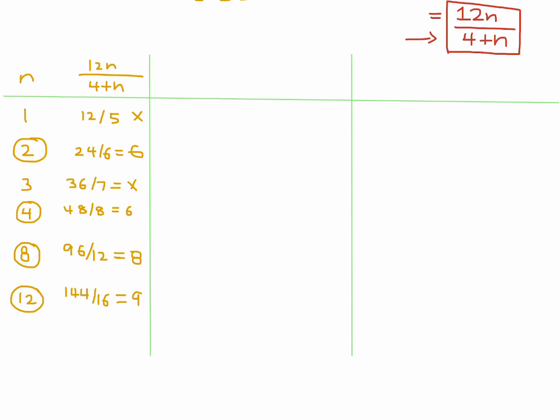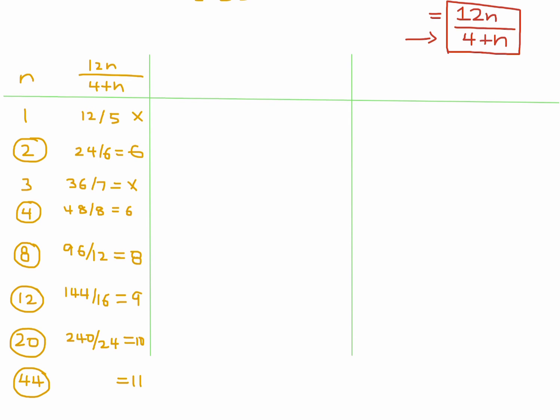The next one that works after a lot of numbers that don't work is 20. You have to get all the way up to 20. 240 over 24, and that's 10. And then you get really painful. You've got to keep trying until 44 to get the next value of n. And that gives me an integer value of 11.